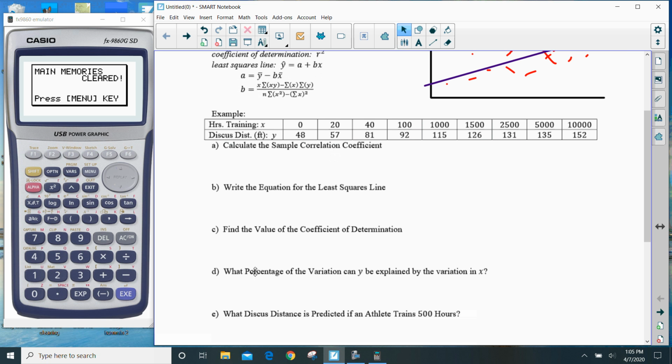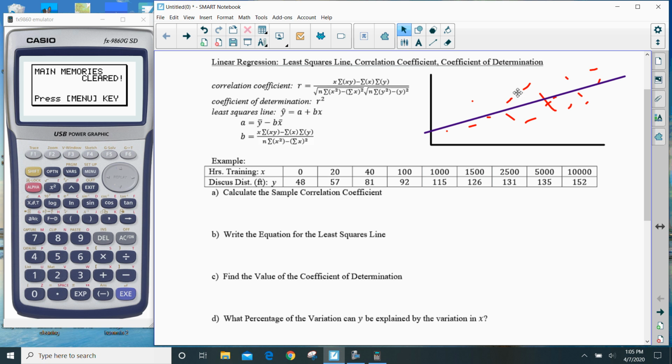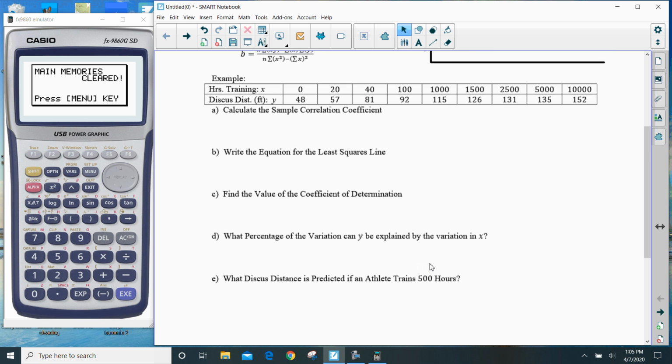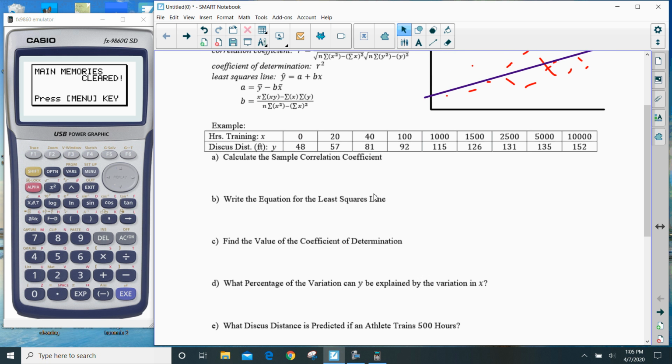It's pretty much the next question, just changed a little: what percentage of the variation of y can be explained by x? Like if I say the number of hours trained was 50 hours, what does that variation actually mean as far as y is concerned? What percentage of it is affected? And then we're going to make a prediction using this equation that we've made.